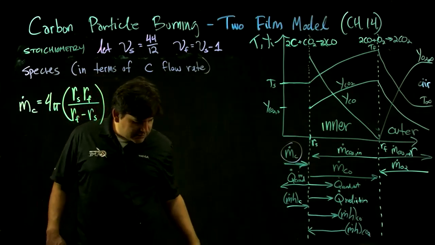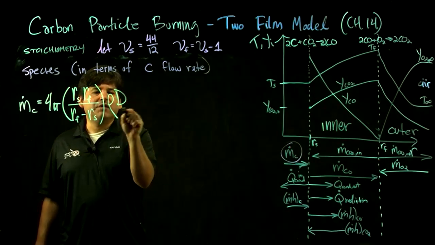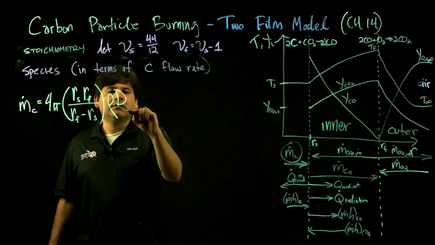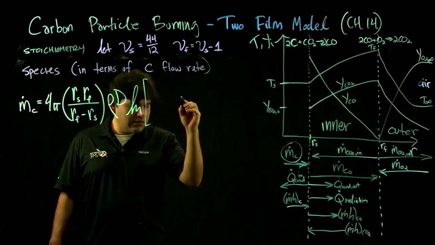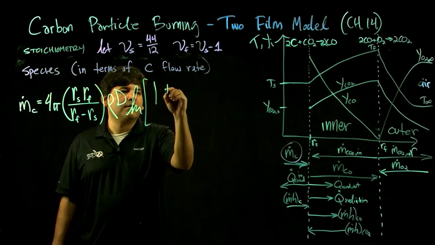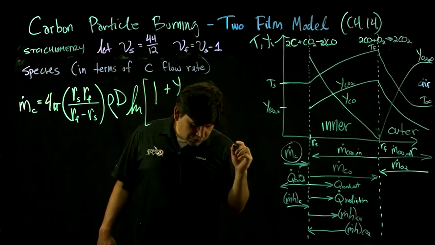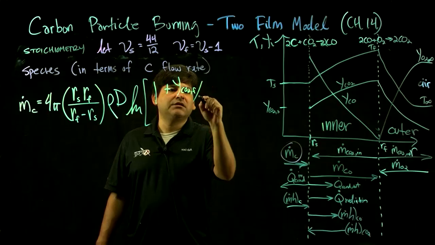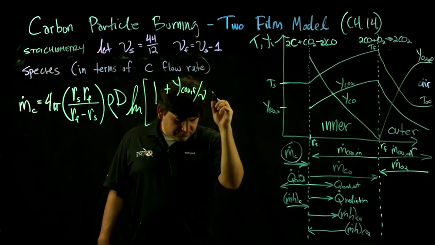Then this diffusion behavior of the mixture in the inner region, and this big natural log, not too big, but so whatever the CO2 concentration of the flame is over this coefficient in the flame.